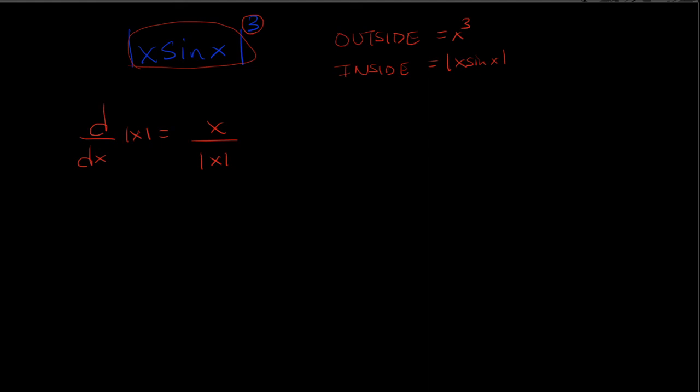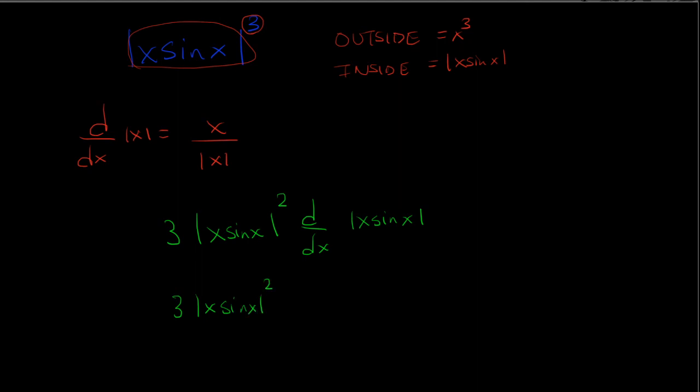So let's keep that in mind. But first, we have to do chain rule. We have to bring down the exponent, keep the inside the same, subtract 1 in the exponent, and then take the derivative of the inside. So inside we said is absolute value of x sine of x. Okay, so that's going to be the same, absolute value of x sine of x squared.